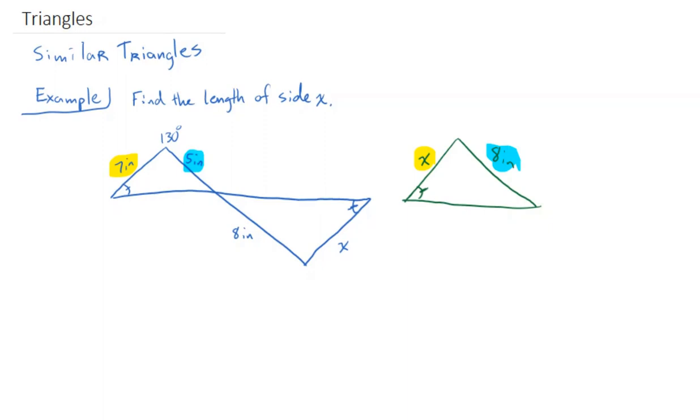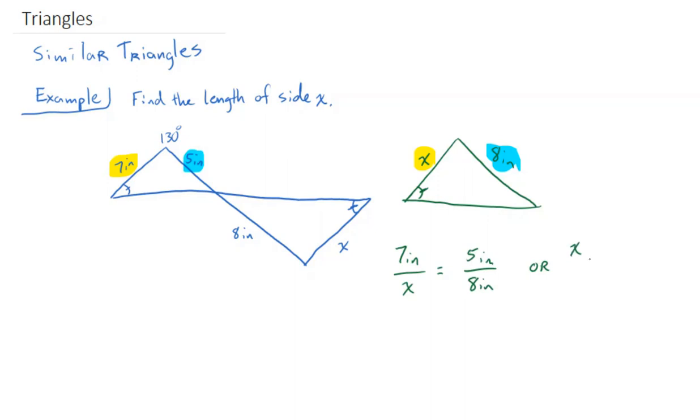So what we have is, and again, we can put small on top and big on bottom or vice versa. In other words, you could do 7 inches over X equal to 5 inches over 8 inches. So you could set it up that way. Or you can flip-flop everything.